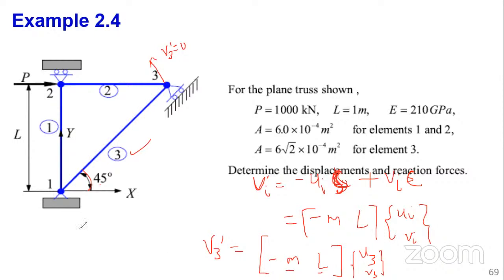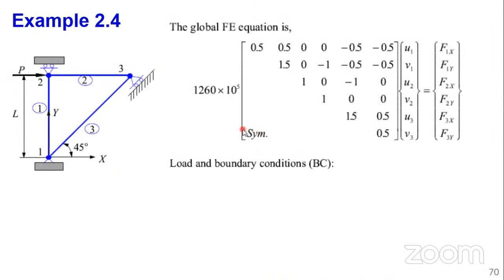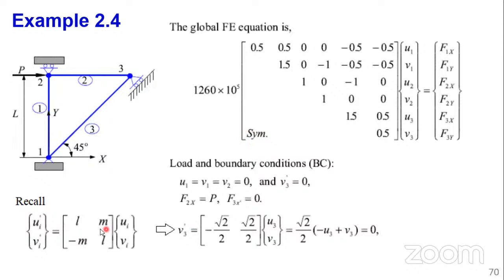This one will become shown in this slide now. So this is what I was calling UI VI equals LM minus ML UI VI. So for V3, now we get minus ML, so cos 45, so minus this is U3 V3.